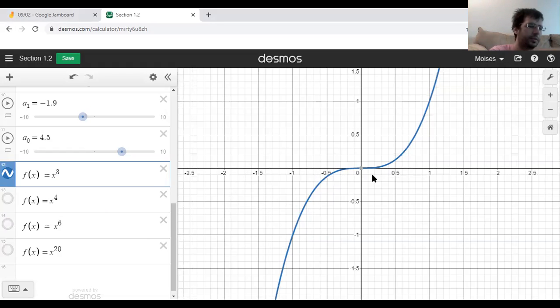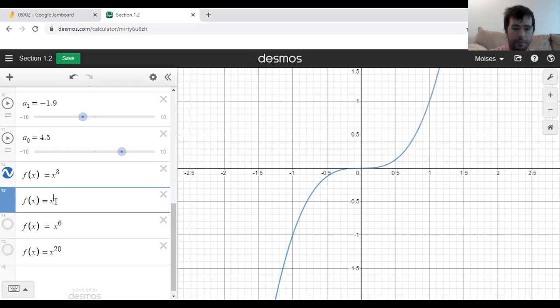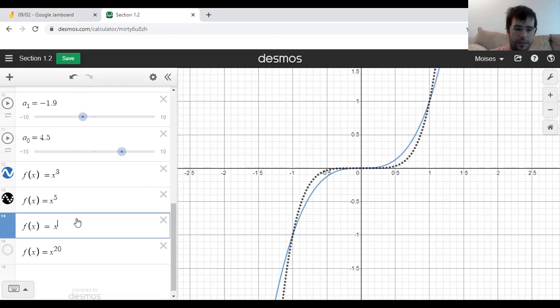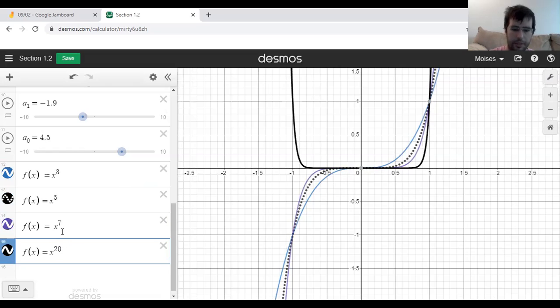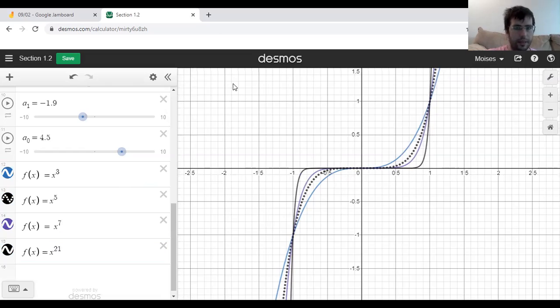And again, as you take bigger odd powers, they get flatter close to 0 and more vertical close to 1, and at some point you get extremely flat and vertical.